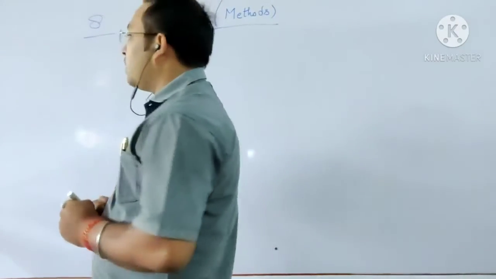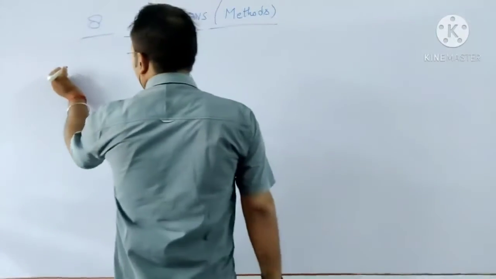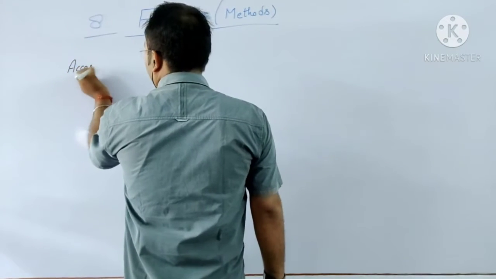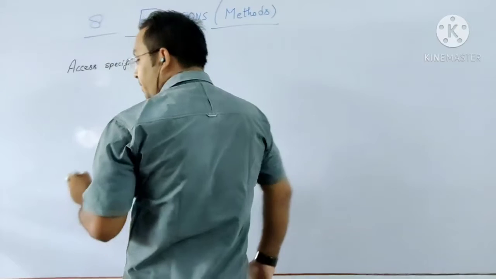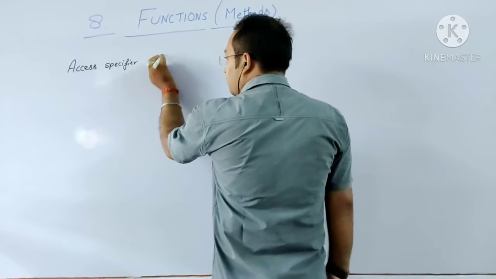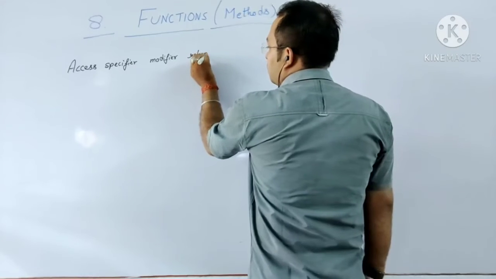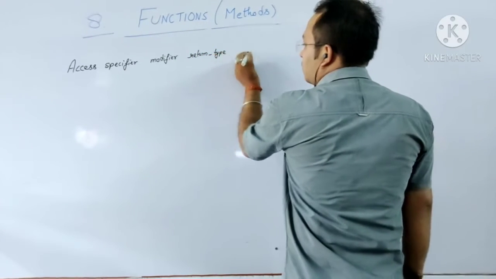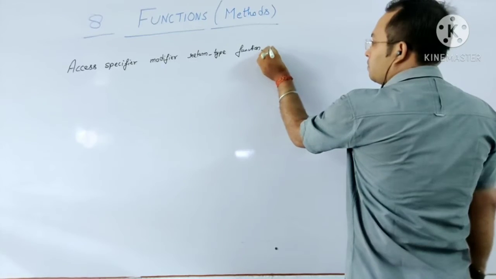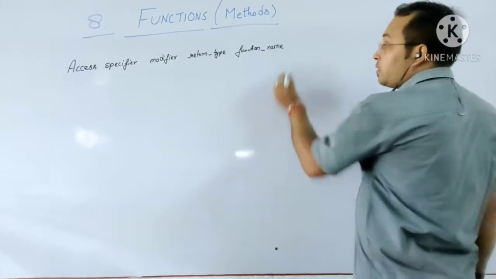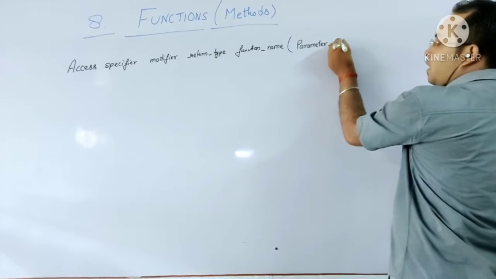Now, function and method definition. What is it? A function requires an access specifier, then a modifier, then a return type, then a function name, and the last one, a parameter list.